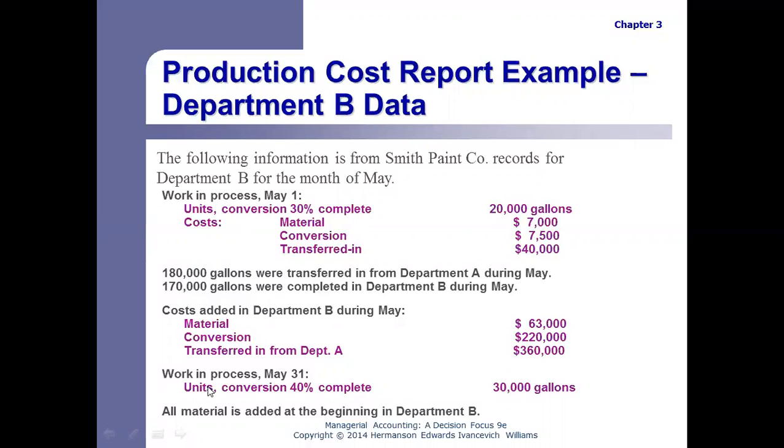And then at the end of the month, we had 30,000 gallons of the product that were 40% done. Okay, so it still needs 60% more work to be done on it.